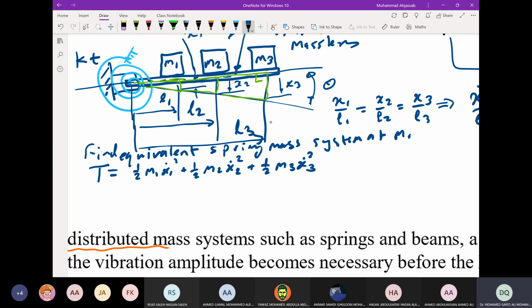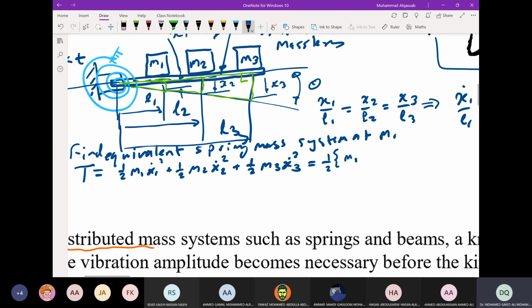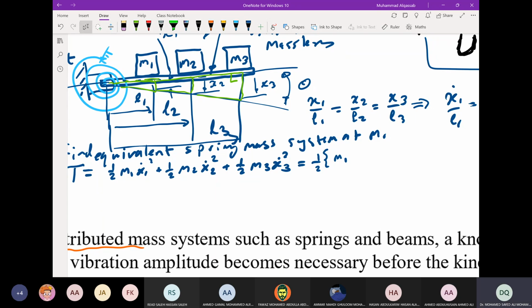And as you can see, I can take 1/2 common, and this is M1, and I would take X1 dot squared common, plus M2 times X2 dot squared.